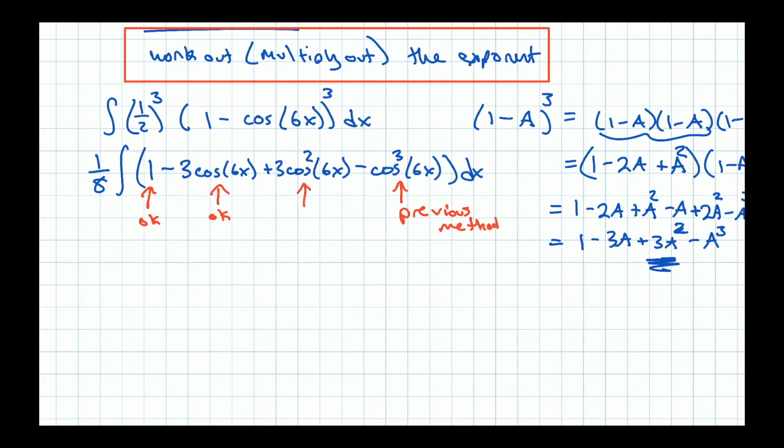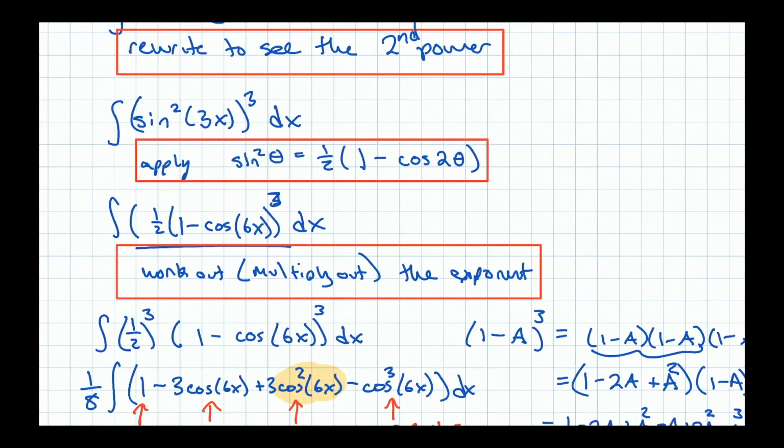But this right here, the cosine squared, that's still an even power. Well, that's not nice, but it's an even power. So how are we going to deal with the even power? Well, what we're going to have to do is take this even power and use this identity again, this kind of identity. But not the one for sine squared.